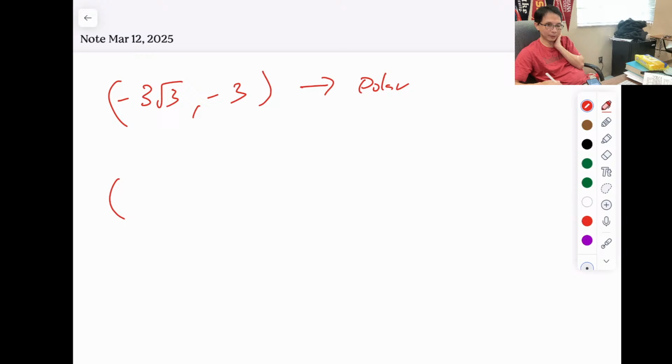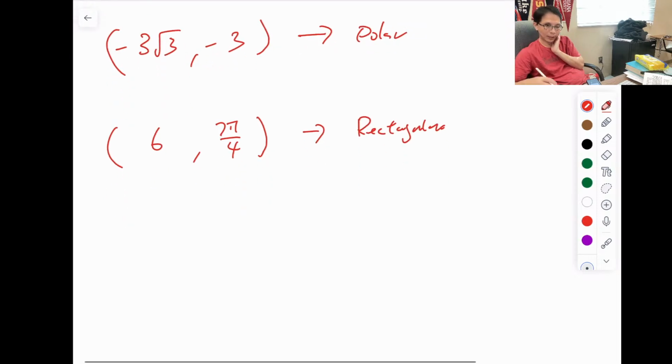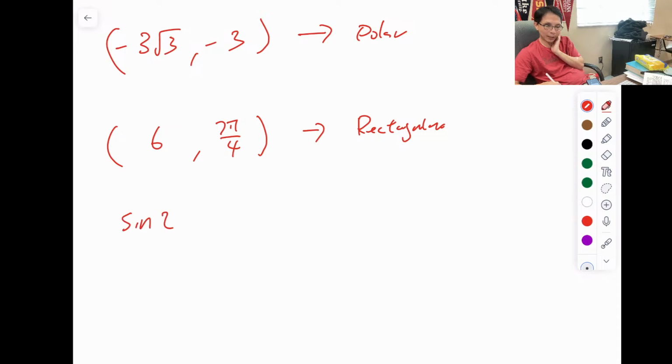What if you have polar, can you convert to rectangular? 7 pi over 4 and 6. Can you convert to rectangular? Can you solve sine of 2x equals cosine of x for x?